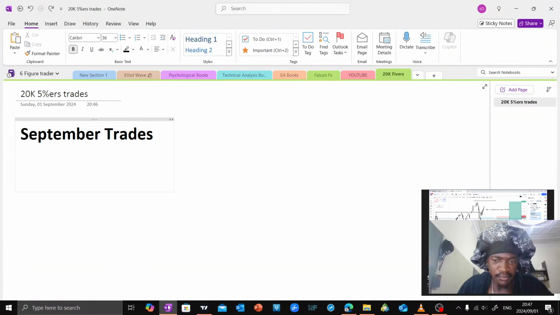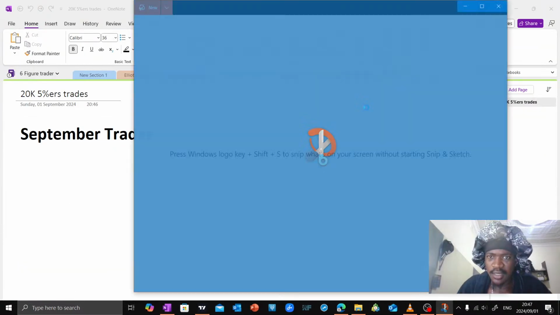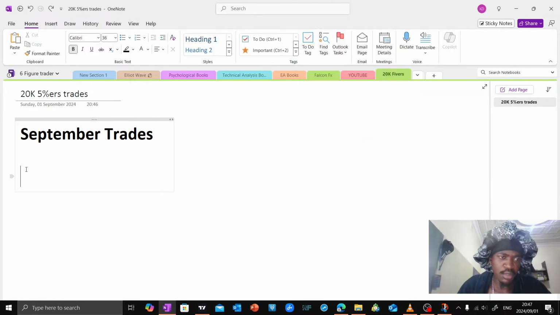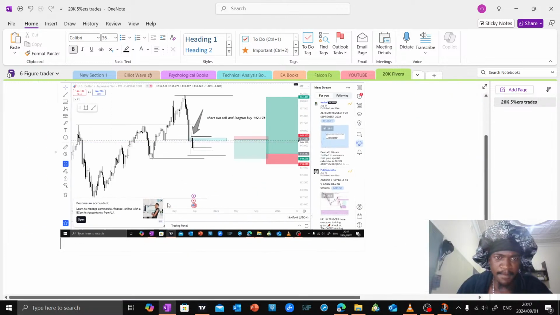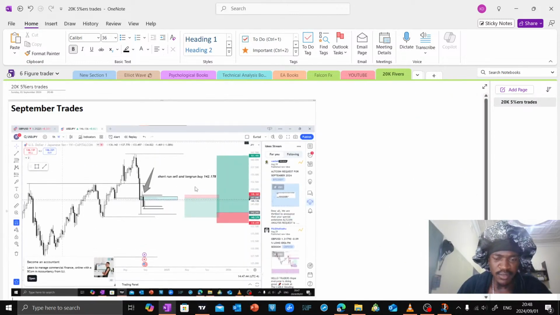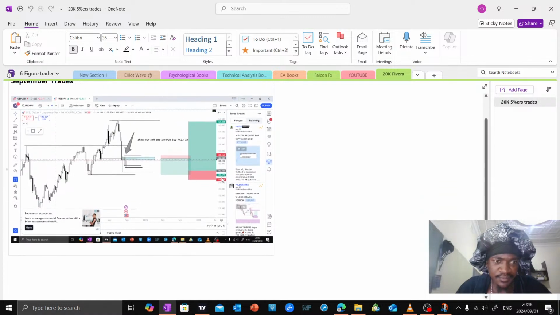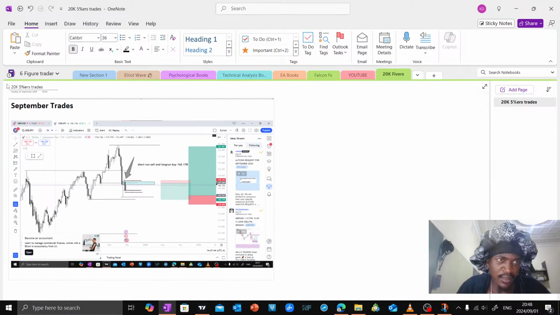Okay, so this is the first trade we've taken, and we'll keep on populating our trades like that, and then we'll move them to the side. So usually, what I could do is, I'll show you what I could do there.